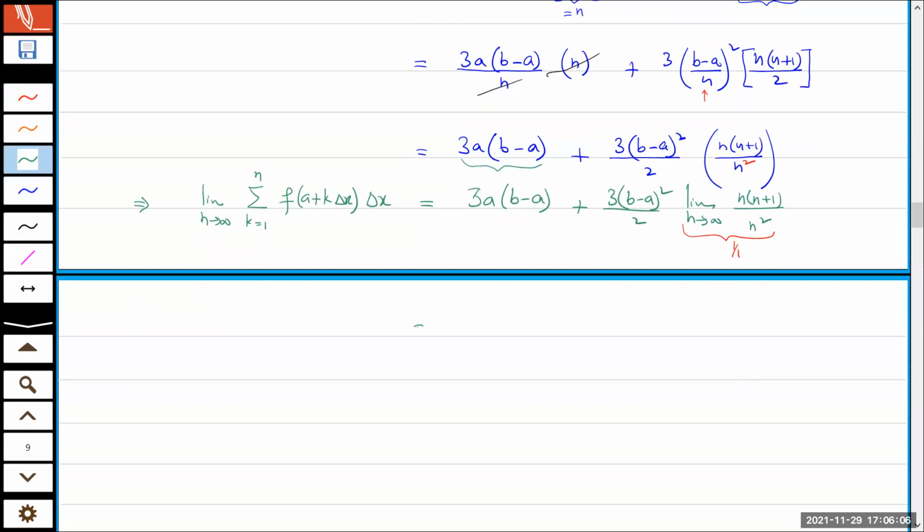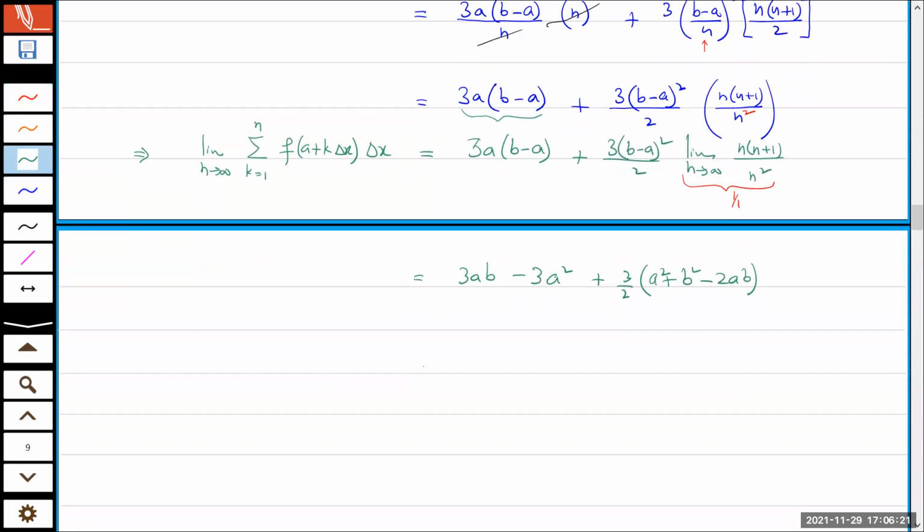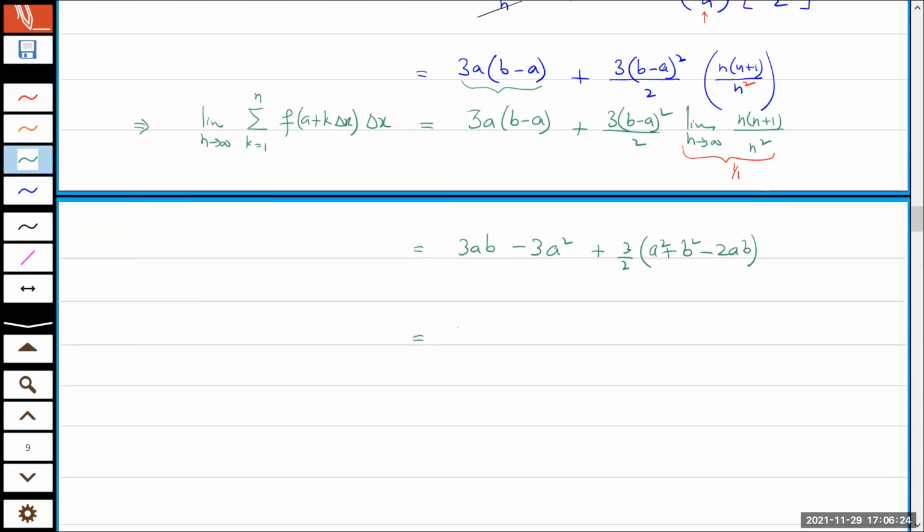So I'm left with 3ab negative 3a squared plus 3 over 2 (a squared plus b squared negative 2ab). I expanded the square as well. Further, this is 3ab negative 3a squared plus 3a squared over 2, 3b squared over 2, negative 3ab; these two would cross out, and we'll be left with negative 3ab. This crosses out this.